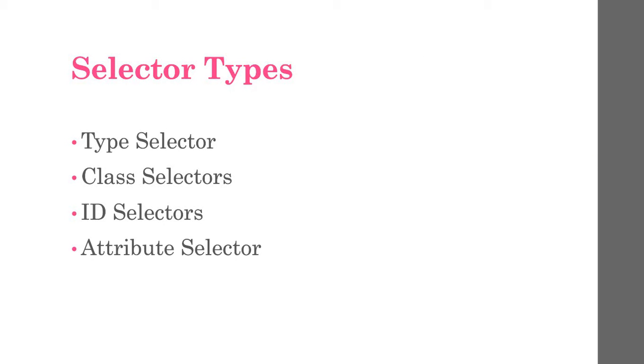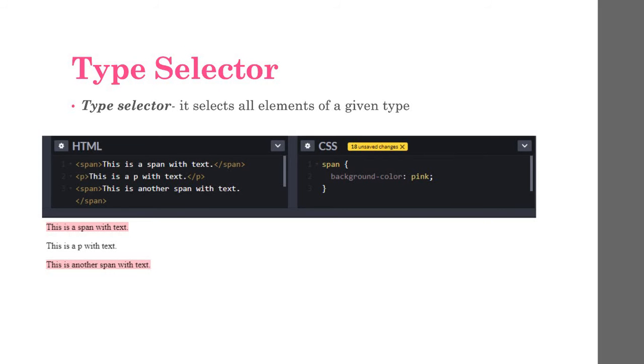Next are the selector types. I have 4 selector types listed here, and I'll be discussing all of them. The first one is the type selector.